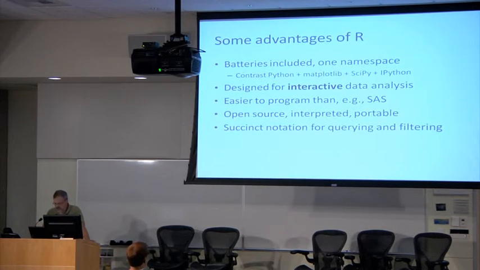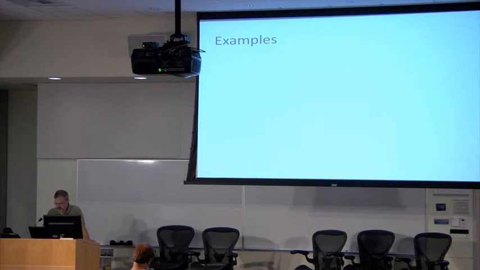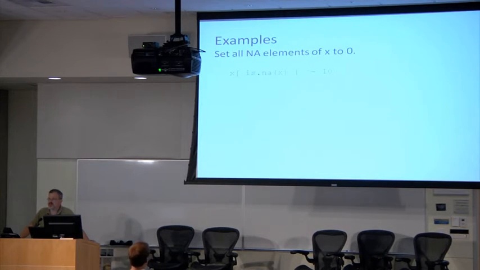I'll give some examples in a minute of this succinct notation I keep mentioning. So, for example, if you have some missing data, you want to figure out which elements are missing. Well, you can do that briefly. When you have a Boolean expression inside a vector, it means apply this operation to the elements that satisfy that.